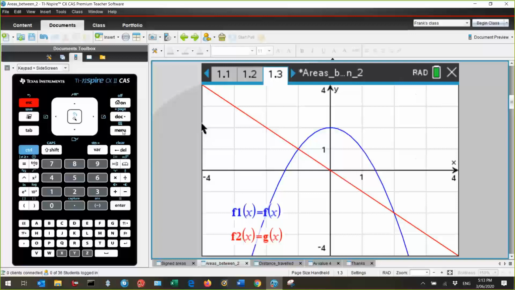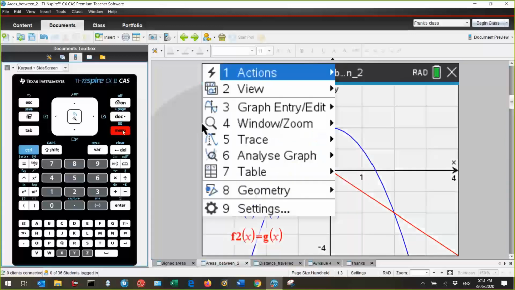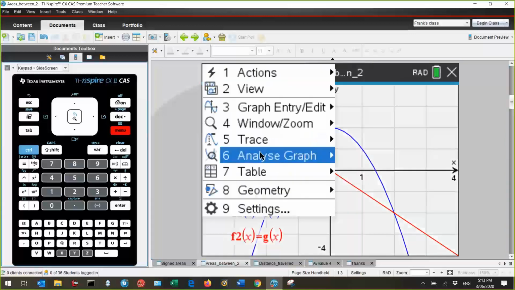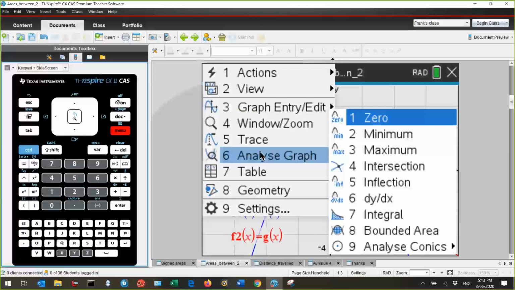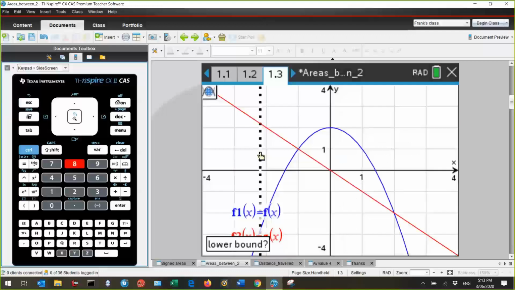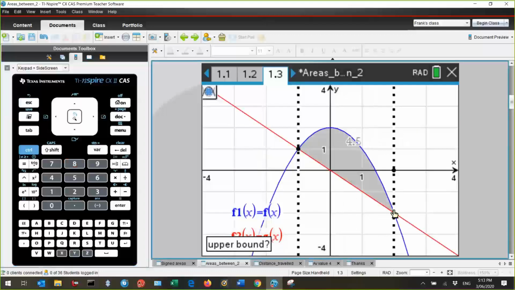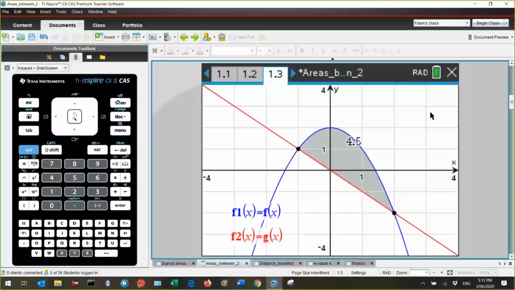So if I go Menu and Analyze Graph, once again it's bounded area because it's between 2 graphs. So that's 8. And I want to go from the intersection point there to intersection point there, and 4.5 or 9/2.